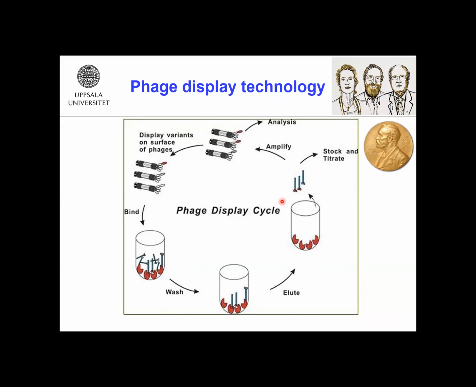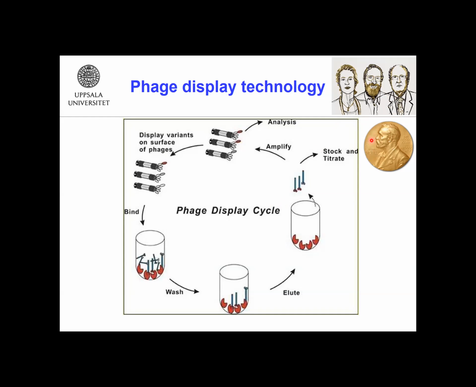And if you have several panning cycles, you can select the very strong binders and use them for targeting. Greg Winter, who was another Nobel Prize winner, used this process for further development of antibodies, for example.